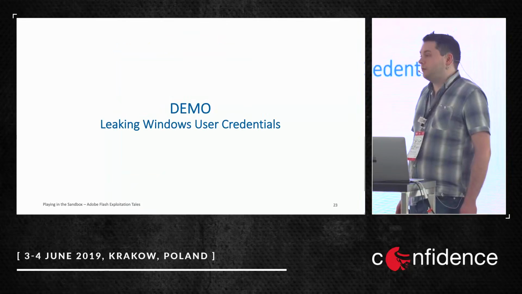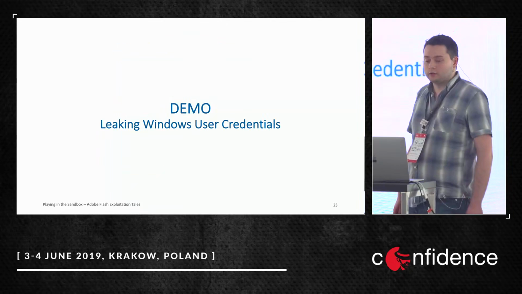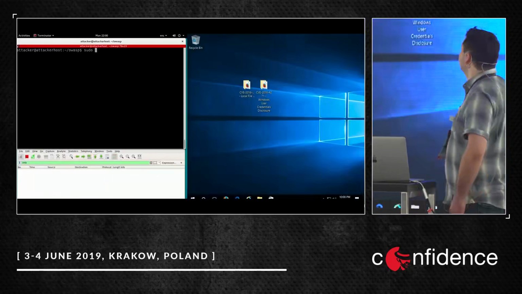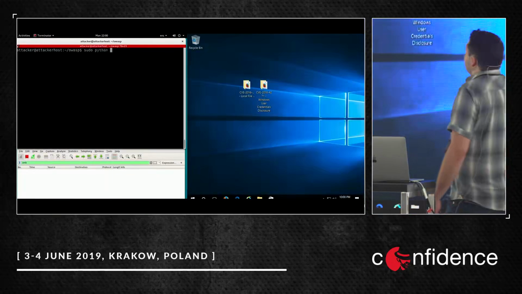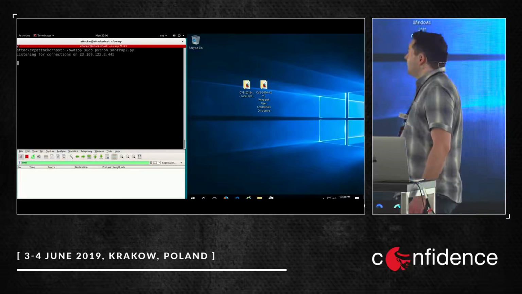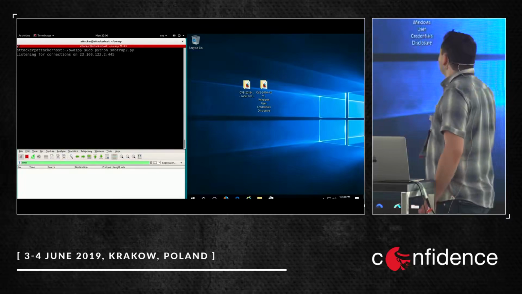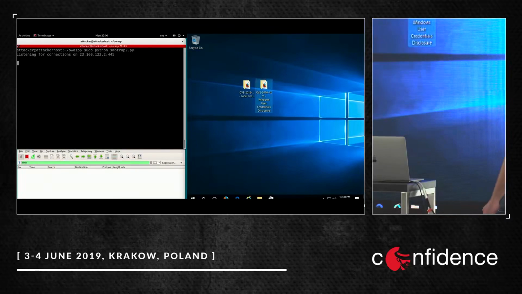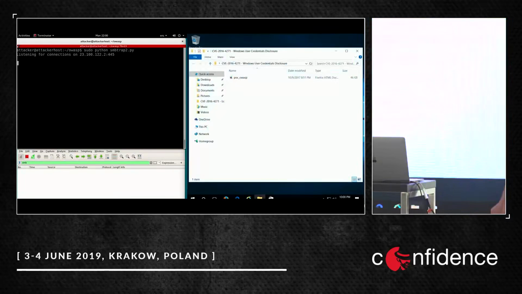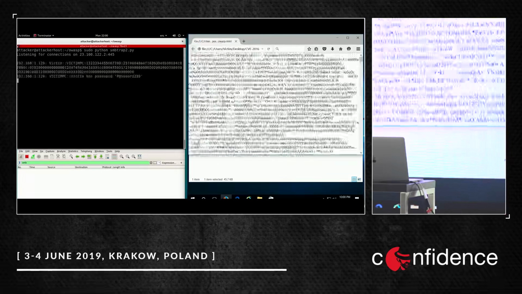So here's an example of how you can turn that into an actual attack. I'll be running SMB trap, and on the victim side, we'll be again opening a local file. This time we'll be opening it in Firefox.